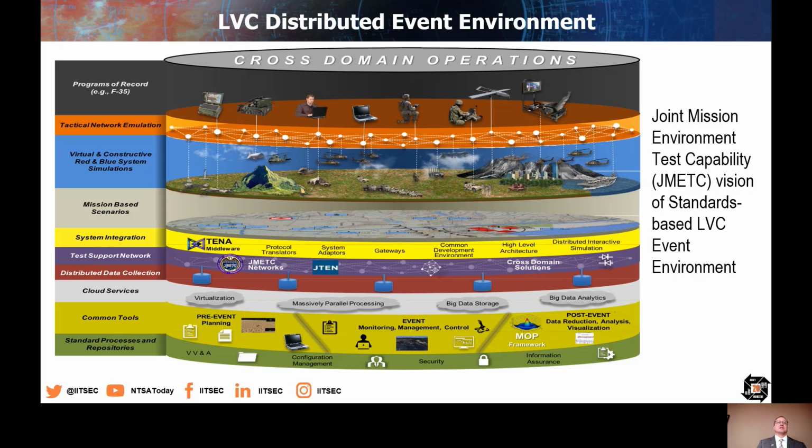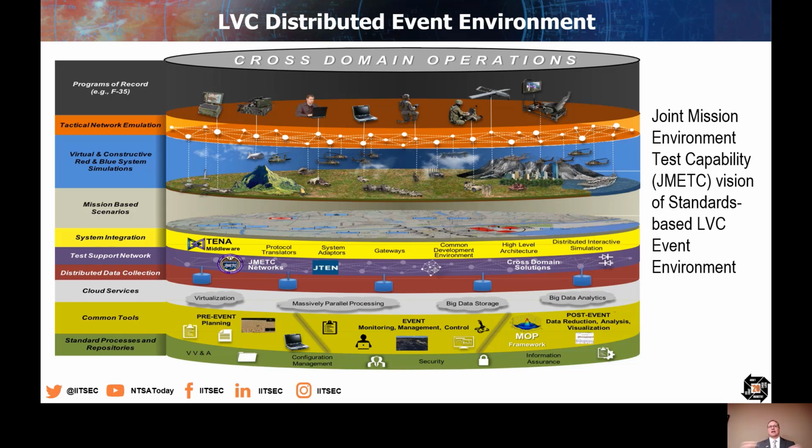JMETC is one. They're focused on the test side. They connect all the different test ranges across the country, and also different prime contractors' locations and other DoD locations. So they have an established network that people can use.